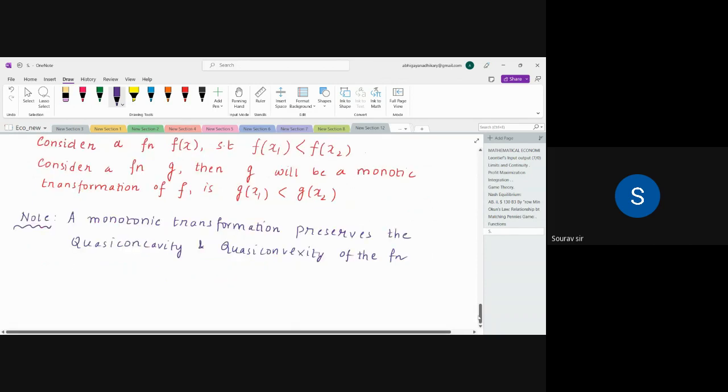Okay, but this is not the case for convexity and concavity. That might change, but the quasi-concavity and quasi-convexity properties will remain unchanged. Okay, this is another add-on thing that comes up.